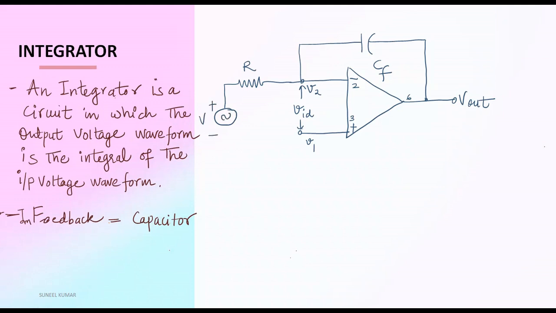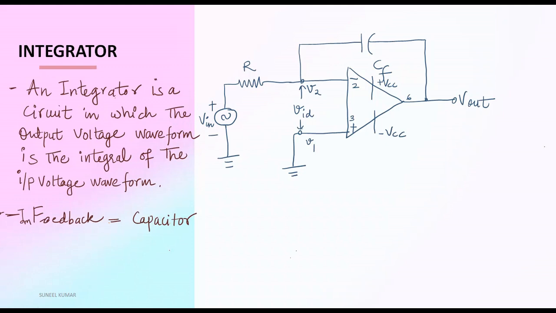This can be called the input voltage V in, and the non-inverting terminal is grounded. So this becomes the circuit of the integrator. Here we have two DC supplies: this is plus VCC and this one is minus VCC.